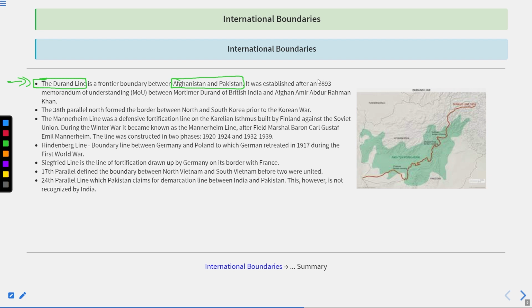It was established after an 1893 Memorandum of Understanding, in short known as MOU, signed between Mortimer Durand of British India and Afghan Amir Abdul Rahman Khan. So we could say, prior to independence and even before it, during ancient times, Afghanistan was basically ruled by the Indian rulers.